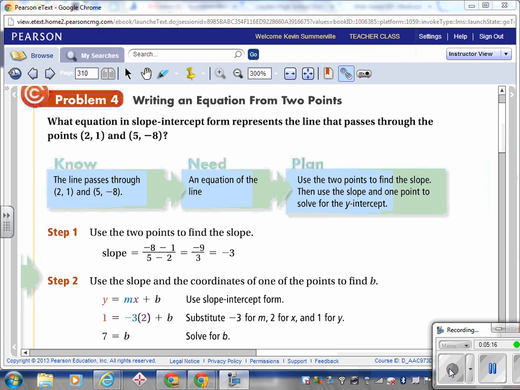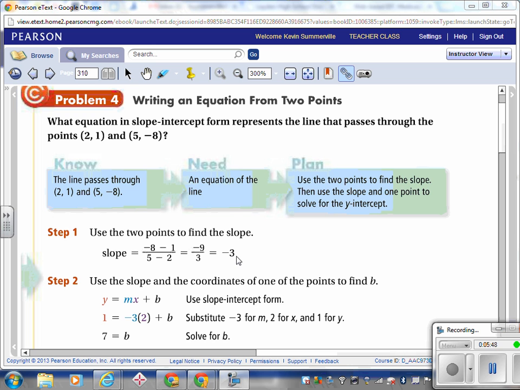Problem 4 discusses writing an equation from 2 points. When you're given the points (2, 1) and (5, negative 8), you need to take that information and put it into the slope-intercept form. By looking at these 2 steps, you can see that they found the slope, subtracting the x's and the y's, or as we do it, delta y over delta x, and got negative 3 for their slope.